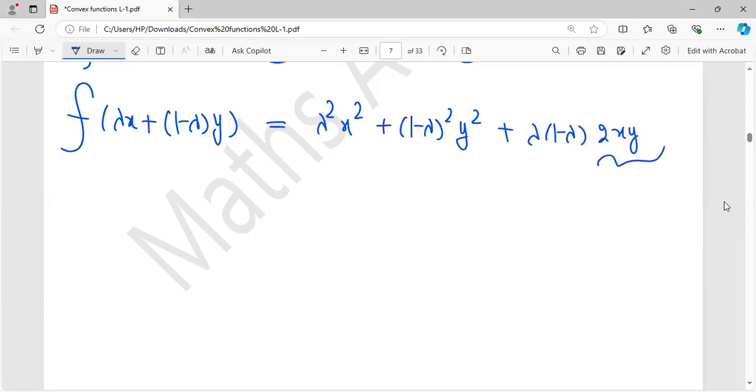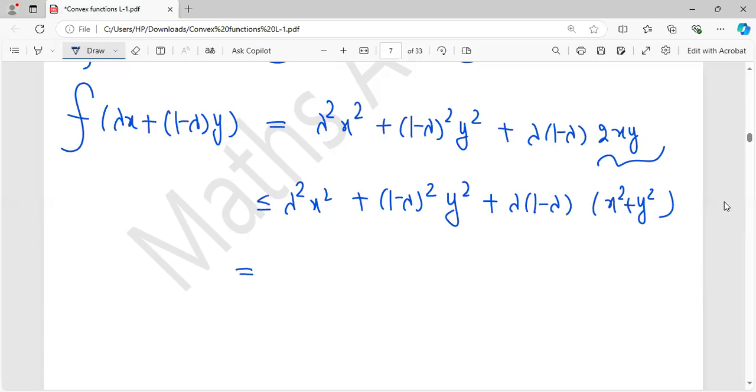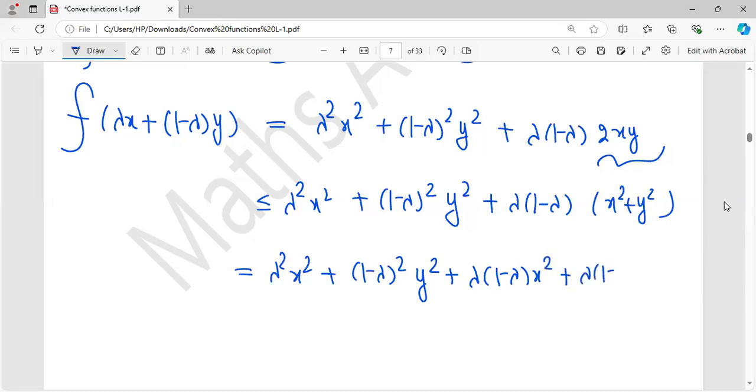In place of 2xy, we put x square plus y square, so it is less than or equal to lambda square x square plus (1 - lambda) square y square plus lambda (1 - lambda)(x square plus y square). After solving it, what will you get? Now combine with this one.